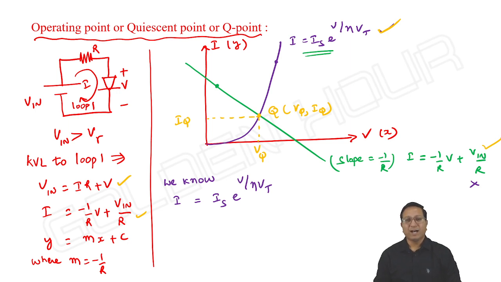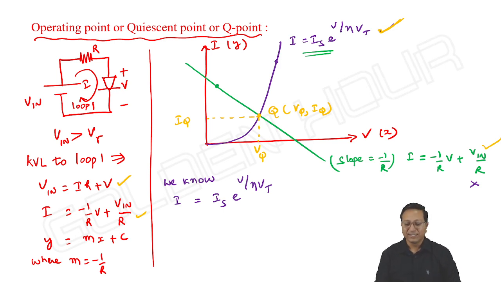So far, I have considered only the loop equations or node equations, the circuit equations in which the device is kept. Internally, inherently, what I did is I'm writing some equations and taking some values for voltage and current, and those values are also satisfying the characteristics of the diode.